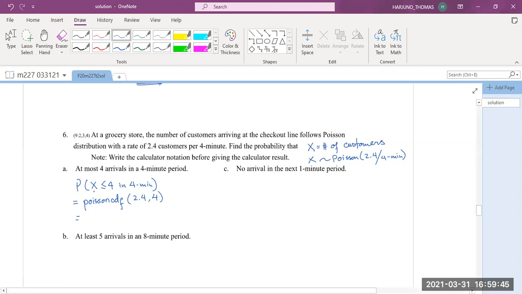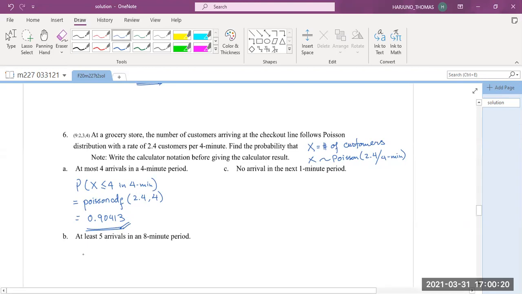I get 0.90413. That's the probability. Now keep in mind that I need you to write the probability notation, and then the calculator notation, and then the result.